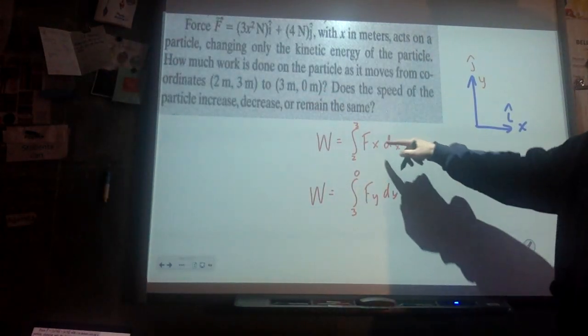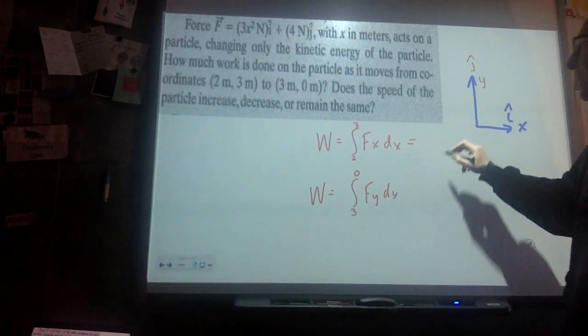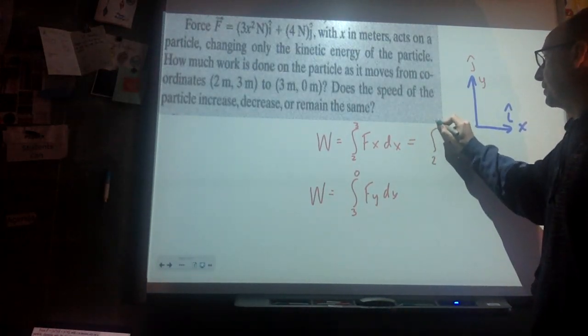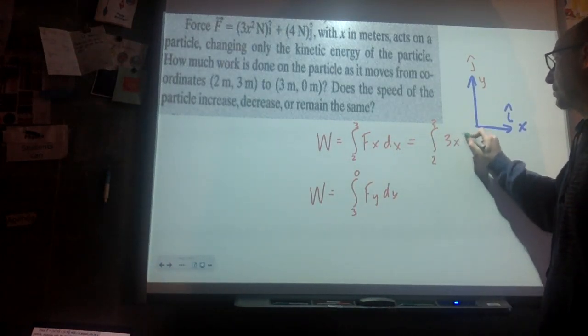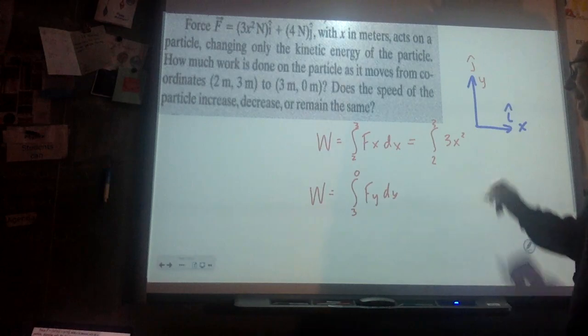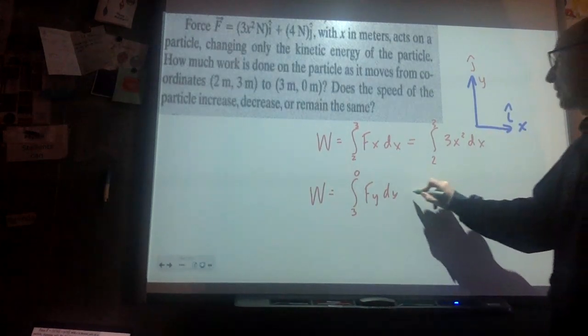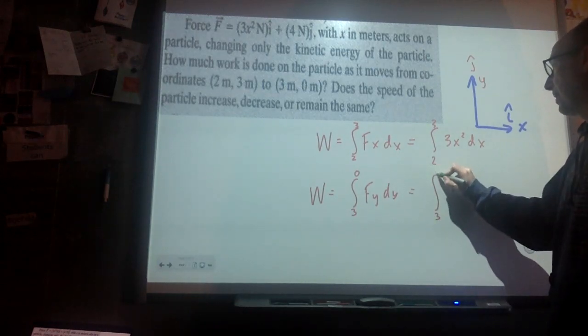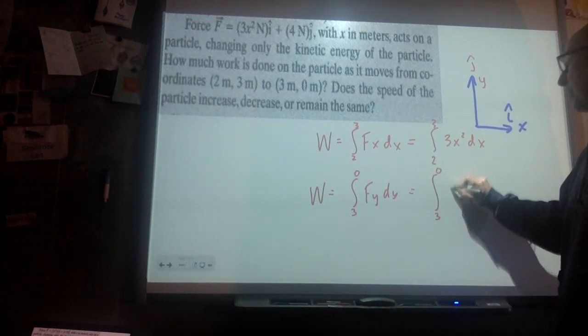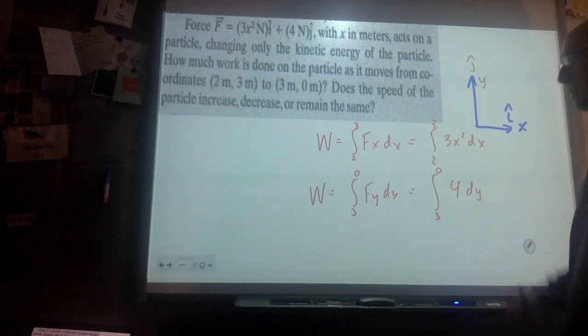I'm going to plug in what they tell us the function is. So this is our f of x ends up being 3x squared. We don't need to include the i hat in there. dx, and from 3 to 0 is going to be 4 dy.